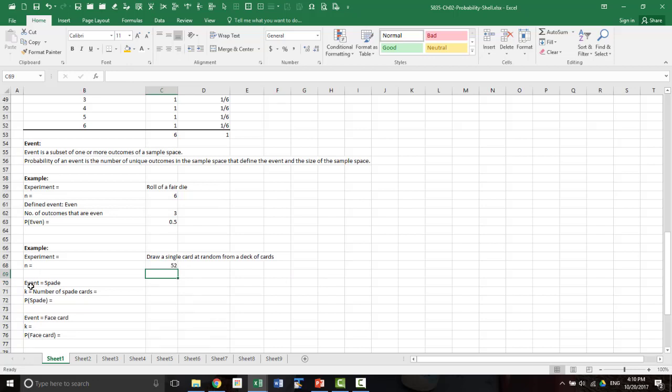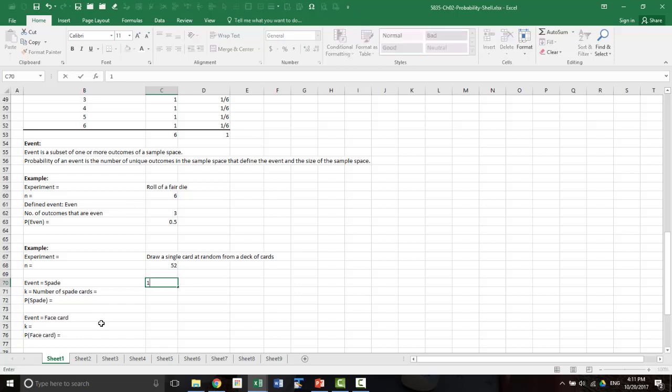And suppose we define an event that says the card that we draw is a spade card. In that case, you have to go back to our sample space. There are 52 of them there. Okay, how many of those outcomes would satisfy the event definition that it is a spade card? So how many of those 52 outcomes will be spade?